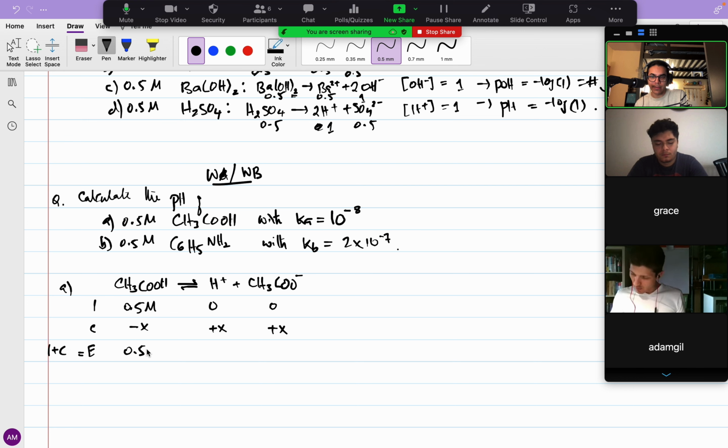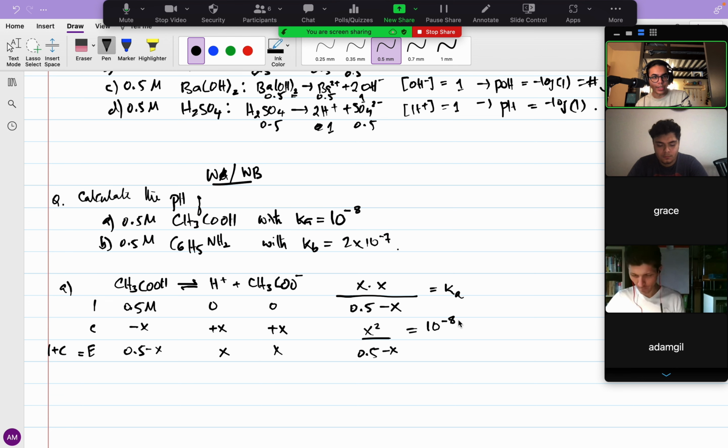So this is 0.5 minus X, X, and X. Then set up the equilibrium expression, products over reactants, like we saw in chapter 13. X times X over 0.5 minus X, and then set this equal to the equilibrium constant. Since we were dealing with an acid dissociation, it would be Ka. So that's X squared over 0.5 minus X equals 10 to the negative 8.